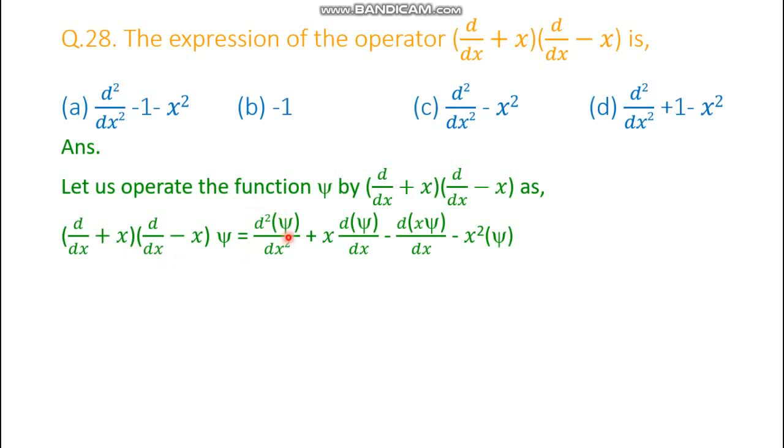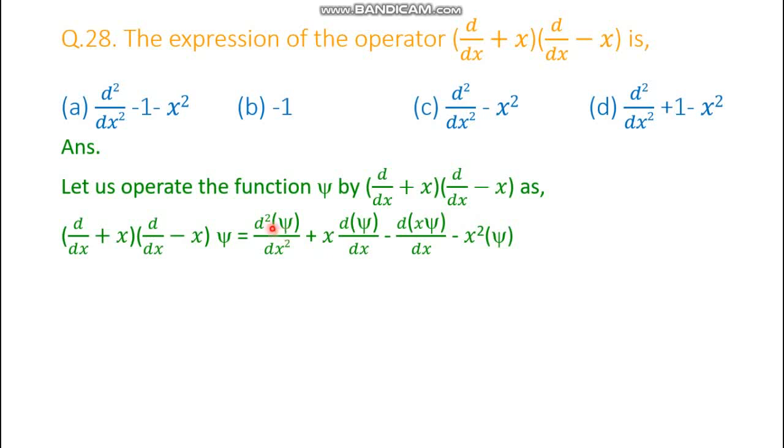Then d/dx and x means x into d/dx of psi, that means x into dpsi/dx. Now minus x, if we merge minus x with d/dx, then we get d/dx of x psi. So this is minus d/dx of x psi, and finally plus x minus x product, so that is minus x squared into psi.